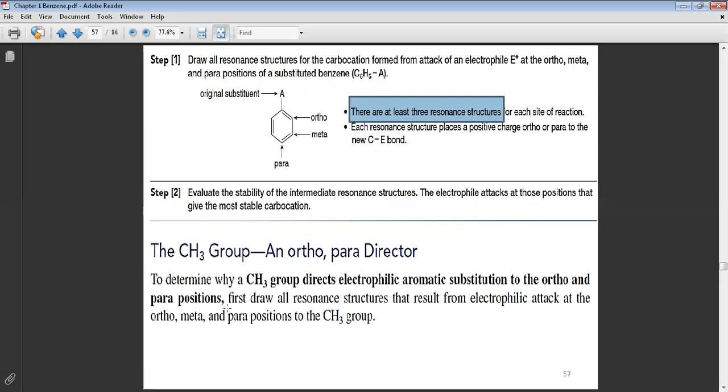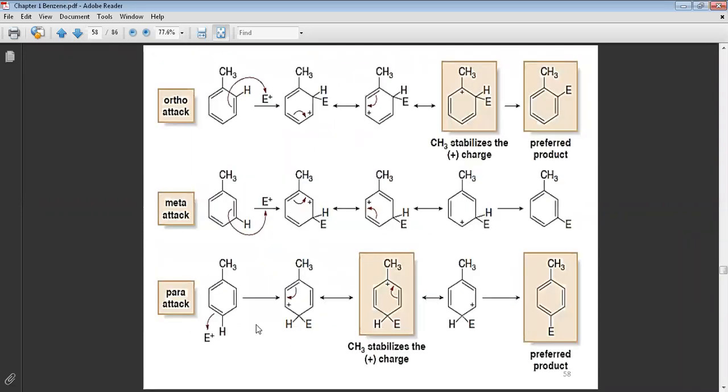You will say because the methyl group is an activating group by induction, and the orientation will be ortho and para, not meta, as explained below, and you can draw all these resonance structures: ortho attack, meta attack, para attack. If you understand it, you will be able to draw all the resonance structures.